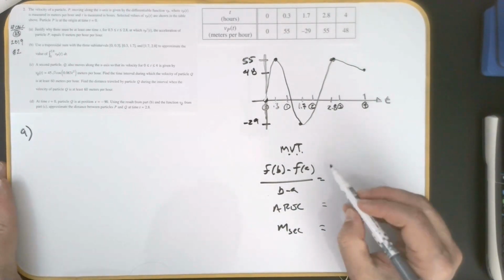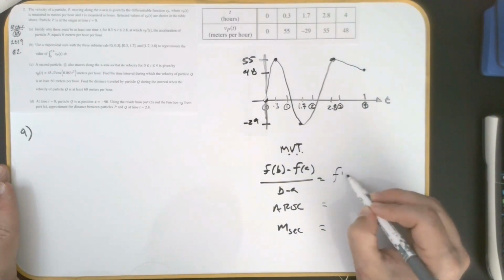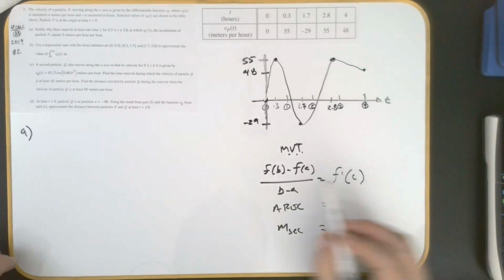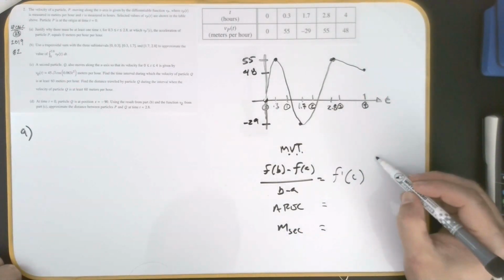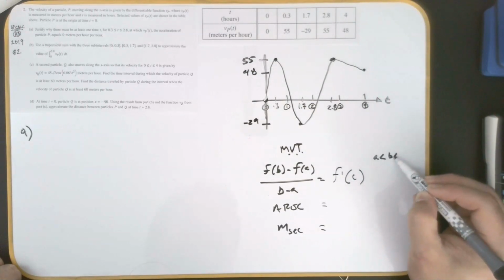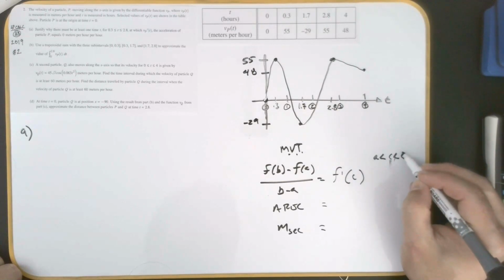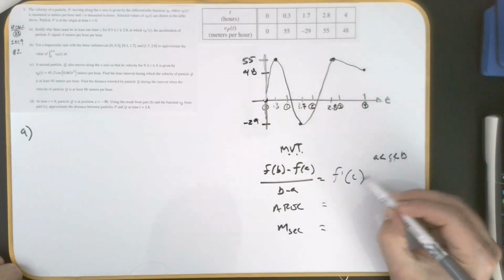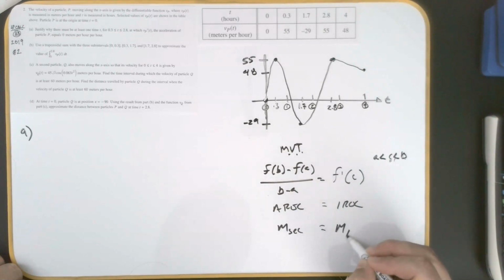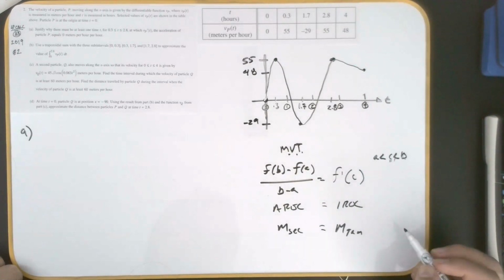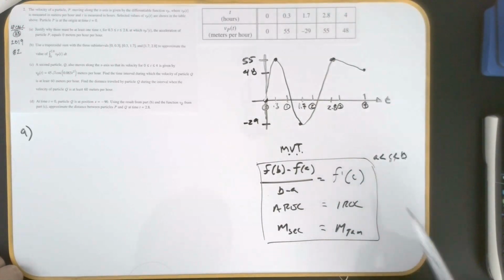Where is there a time where the derivative of the function, there's a c value in the interval where this is true, and the c value is in the interval a to b. So I would say a is less than c is less than b. There's a c value in the interval where the slope of the tangent is equal to the slope of the secant. This is the mean value theorem. You can think of it any of these ways.